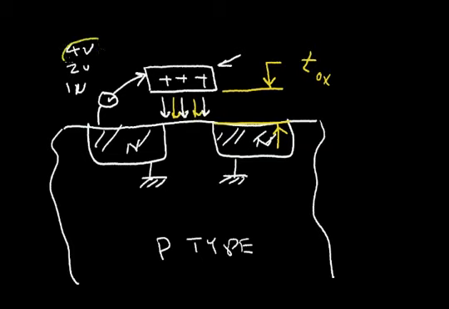And the higher the voltage, if I go to 4 volts, the stronger the electric field. So 4 volts will produce a stronger electric field than 1 volt.